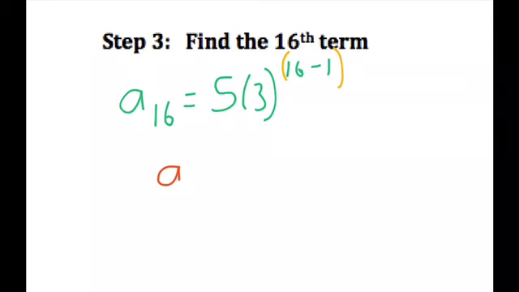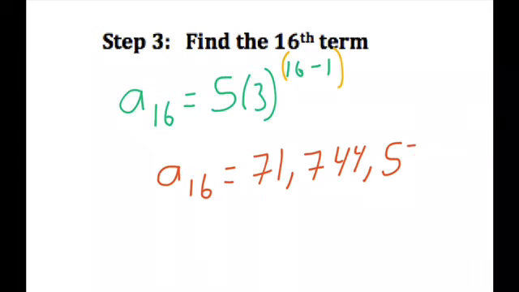So you're going to get A sub 16 equals 71,744,535. So don't forget, if you didn't get that number, it's probably because you did not put parentheses around the 16 subtract 1.